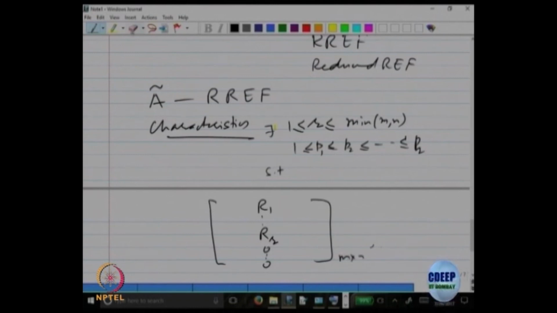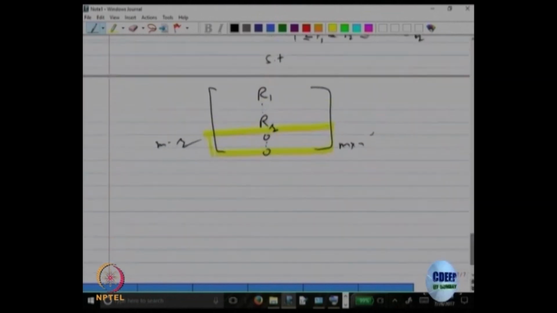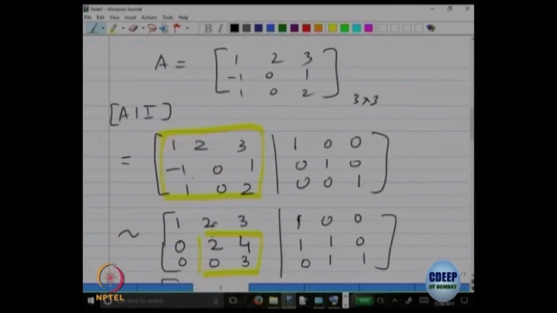So how many zeros will be there? These m minus r rows are all 0. What does row 1 look like? So row 1 looks like 0, 1 and something, and similarly the others.